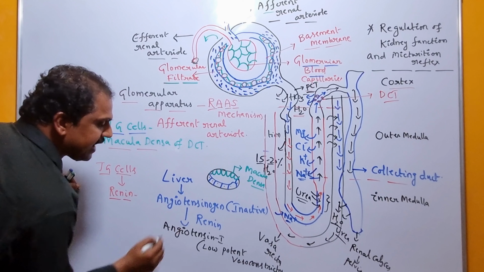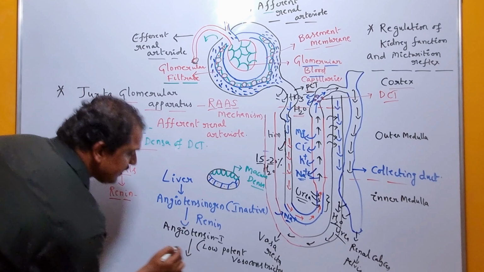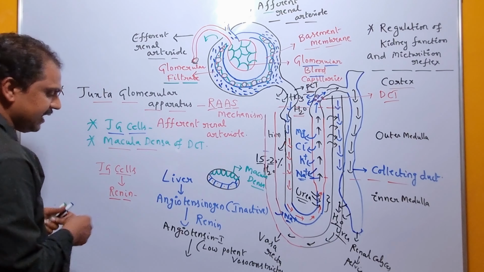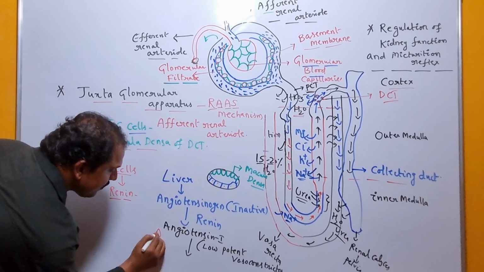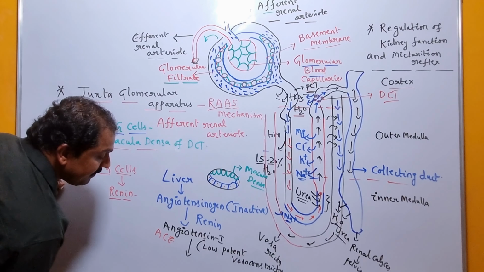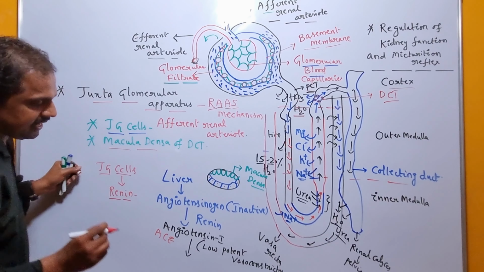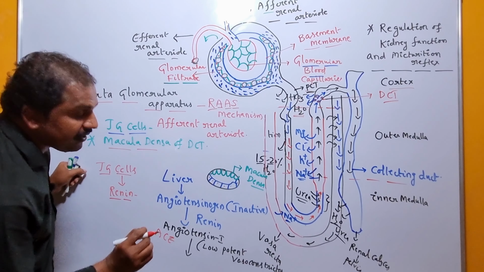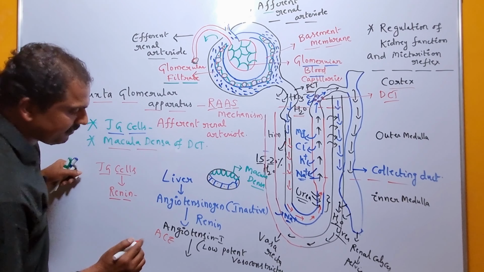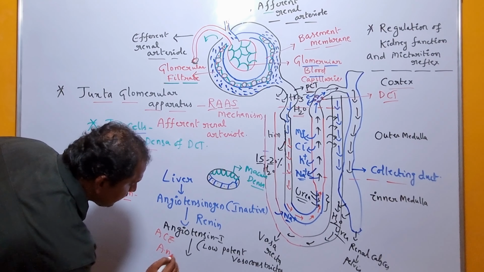Now angiotensin 1, in the presence of angiotensin converting enzyme, which is synthesized by the lungs, is converted into angiotensin 2.